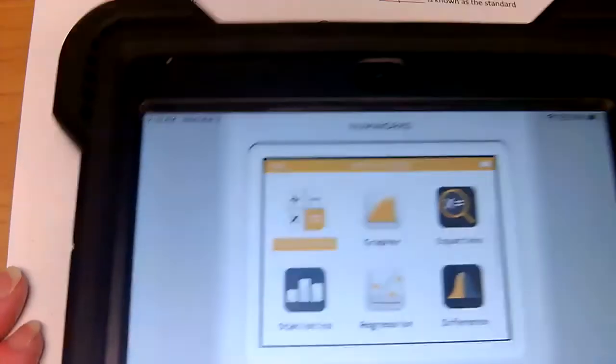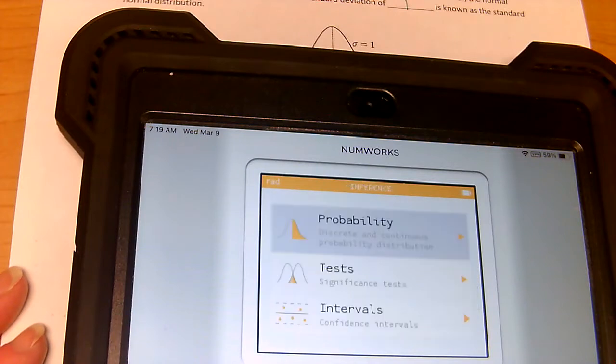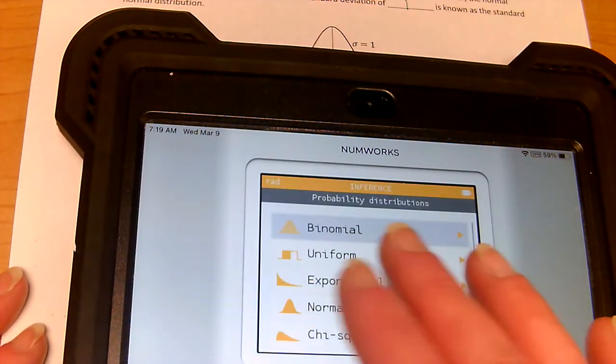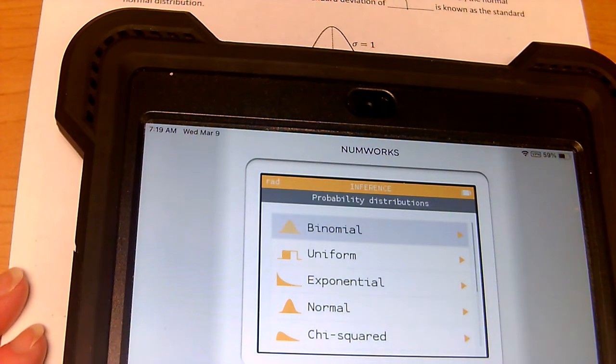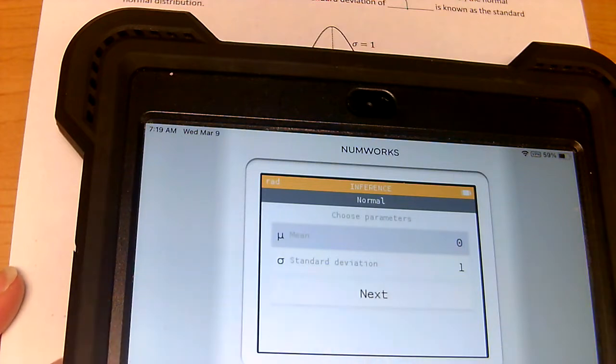Okay, so on the app, we're doing inference, and we're doing probability. For discrete, we had binomial or Poisson, but we're going to the normal curve here. Now notice it starts off with the standard setup, mean of 0 and standard deviation of 1. This is what we're going to use if we're given a z-score.